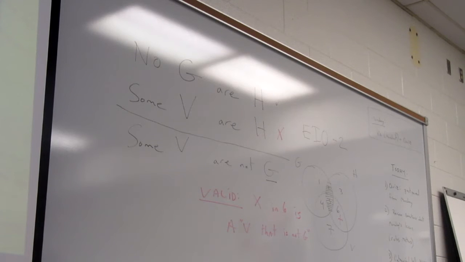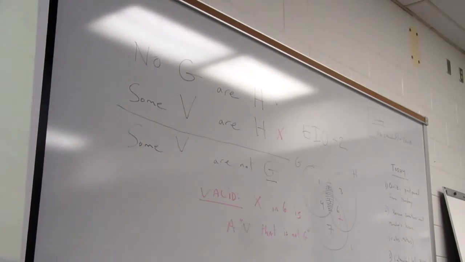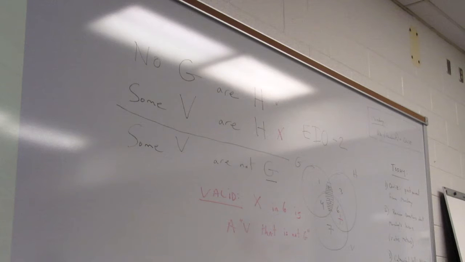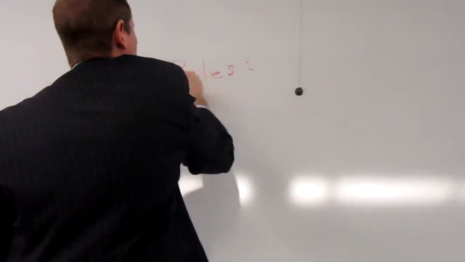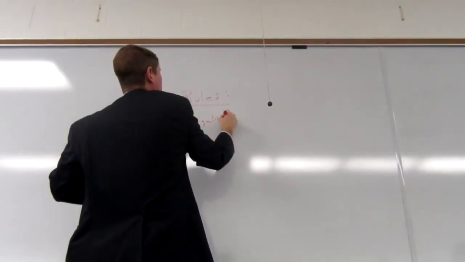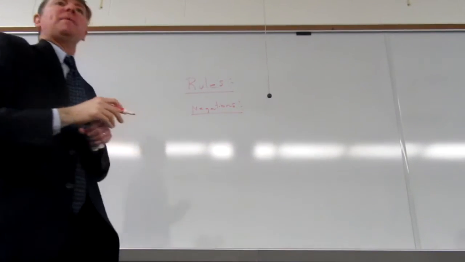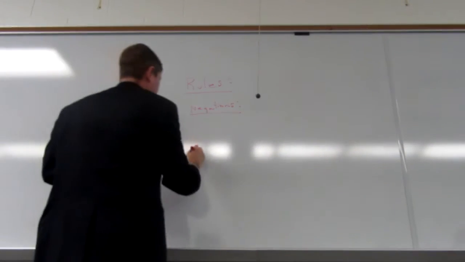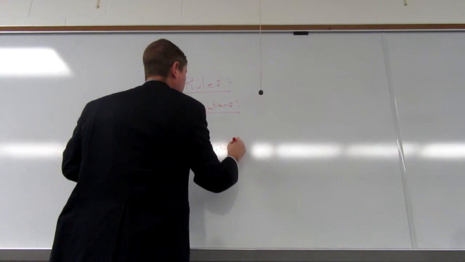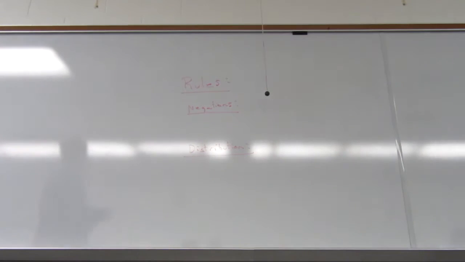Now, for those of you using the rules method, you could have just as easily shown that it was valid. However, what do you have to do in order to incorporate the rules method? You've got to show that it passes the negation rule, and you have to show that proper distribution takes place.